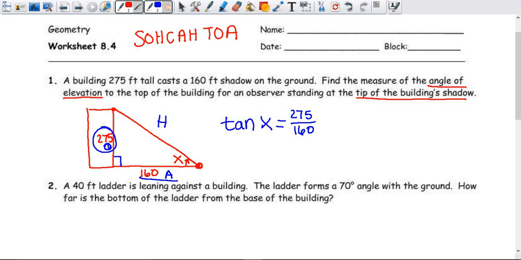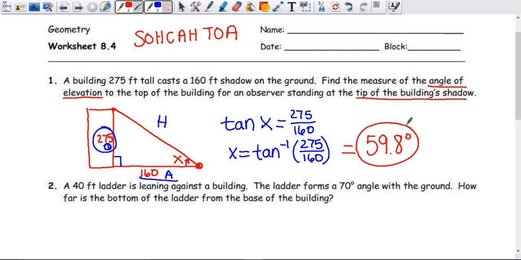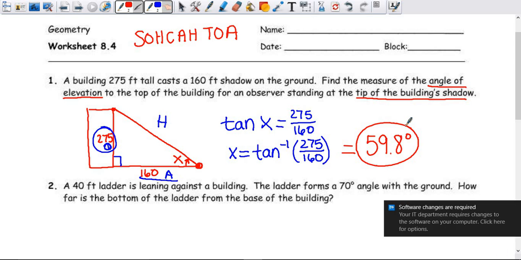So then remember, if we are finding an angle, that is where we use the inverse button of our trig function, so we use the tangent inverse, okay? And to get that on your calculator as a refresher, you use the second button and then hit tangent. And you'll just do second tangent of 275 over 160, and if you do that in the calculator, you get that angle is going to be 59.8 degrees, all right? So that is our angle of elevation. The trig is all the same, you just have to be able to draw a picture.